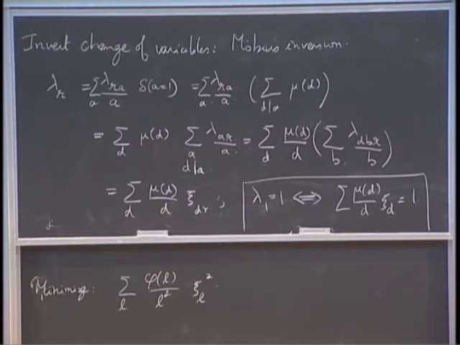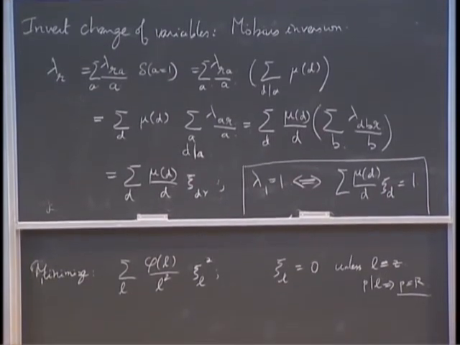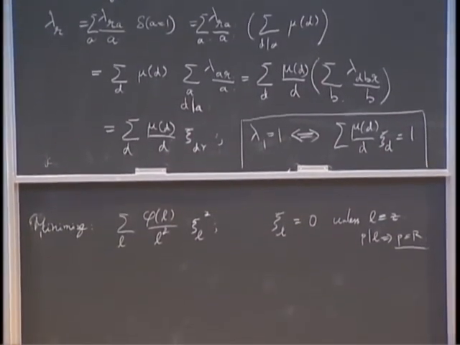Again, keep in mind that Xi of L is 0 unless L is less than Z and P divides L implies P is less than R.